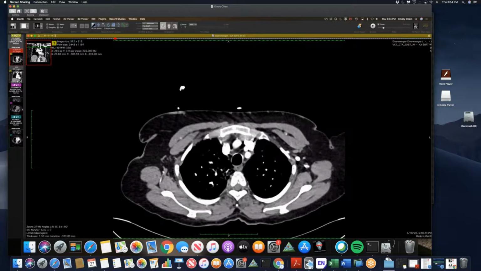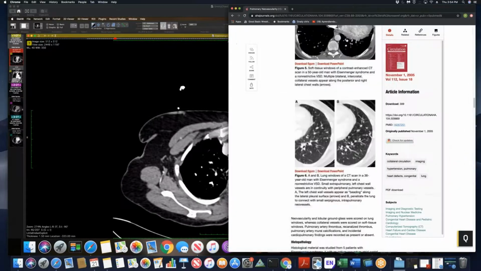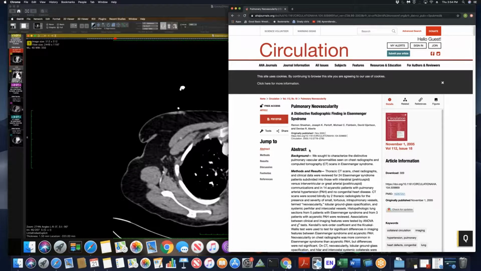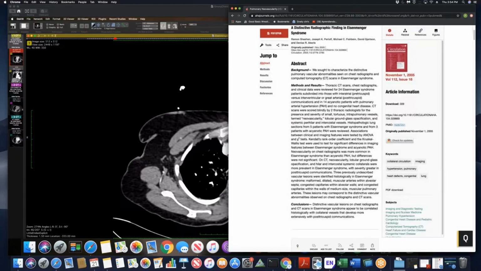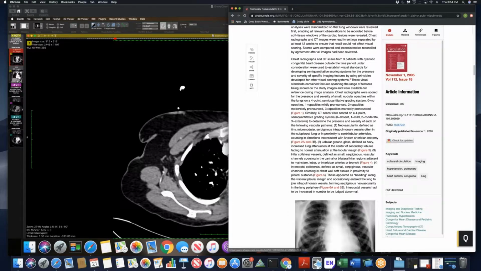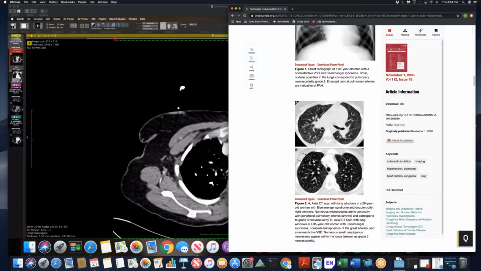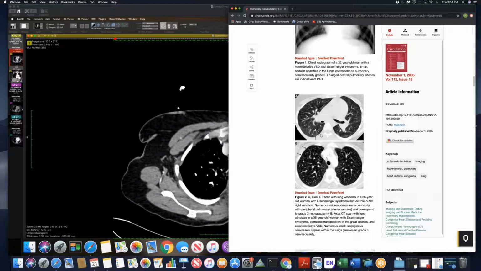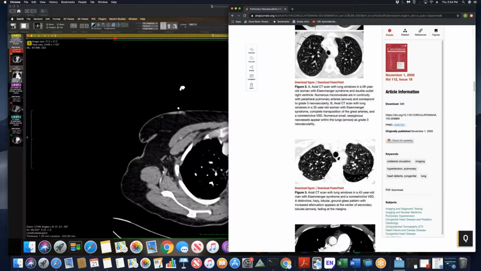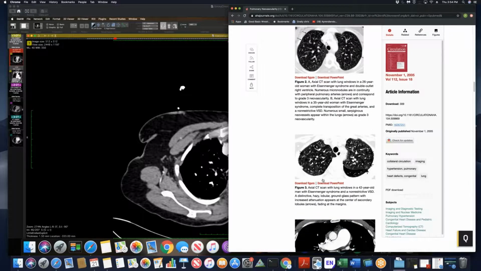I think we've referenced this article previously, but it describes some of the findings we've seen here. This article from 2005 describes this term of peripheral neovascularity, and these tiny micronodules, which on my scan are difficult to see because the resolution wasn't great.